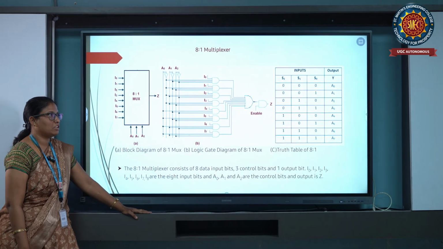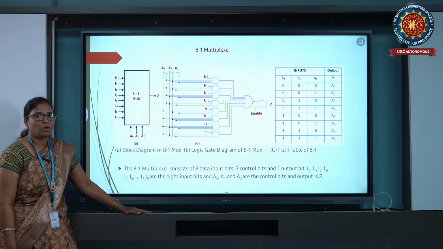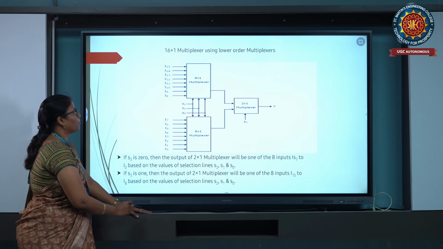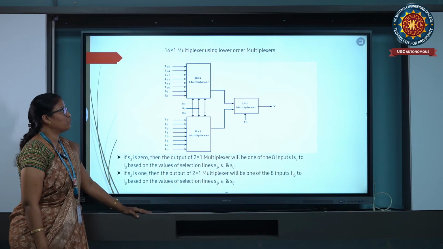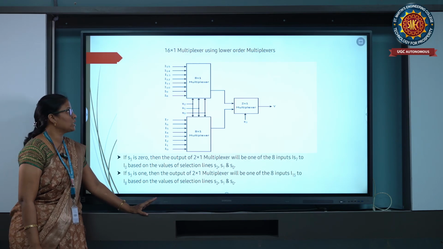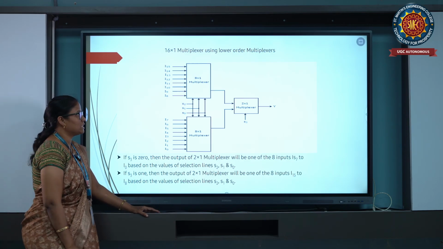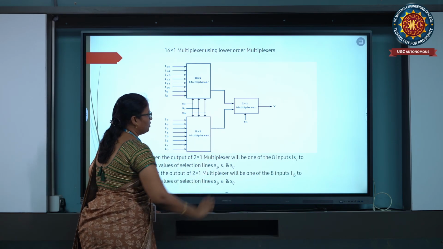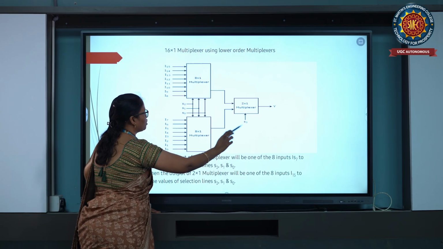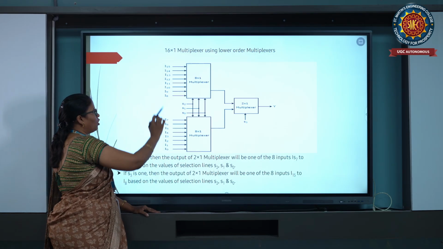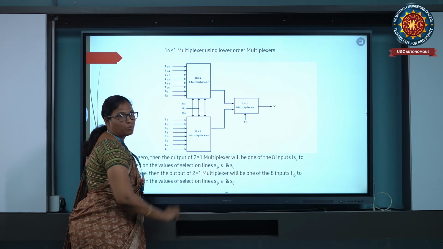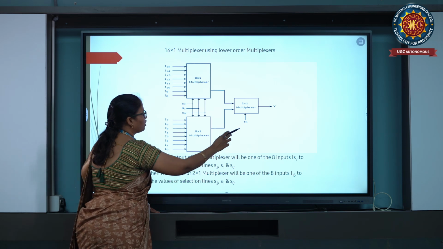In all multiplexers, the main thing we can observe is that based upon the selection lines, the output is given from the inputs. If we consider the 16:1 multiplexer, we can design it using two 8:1 multiplexers and one 2:1 multiplexer.